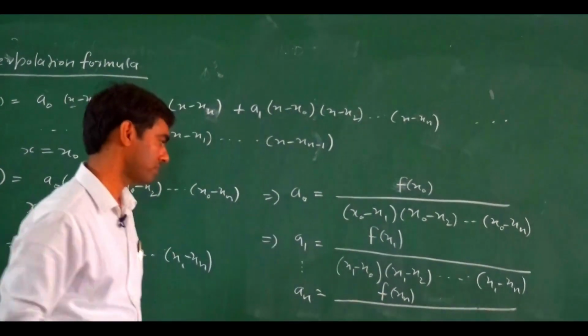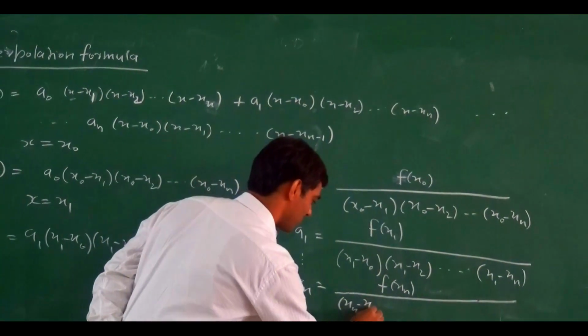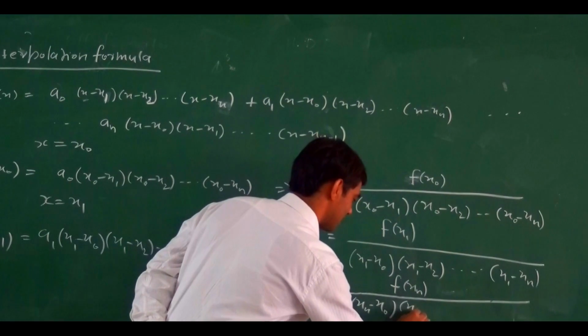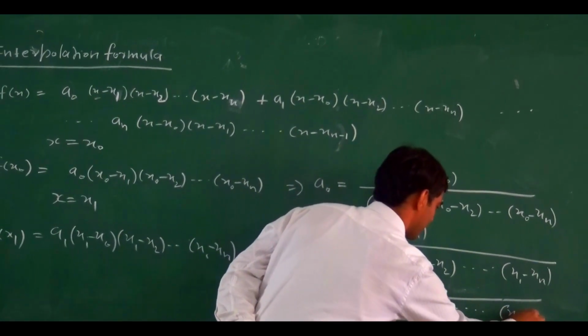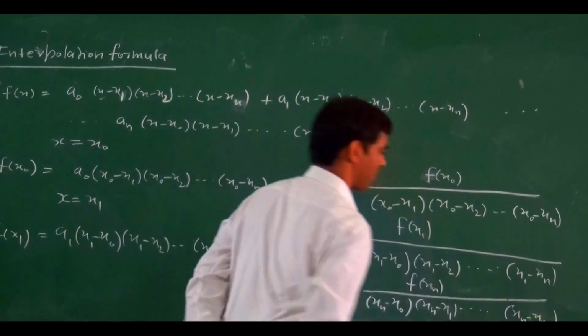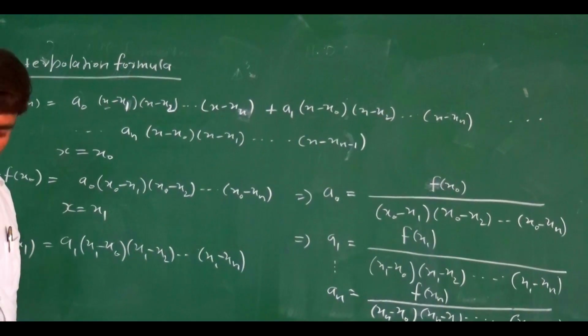Divided by xn minus x0, xn minus x1 up to xn minus 1. So in this way we are able to find out what?